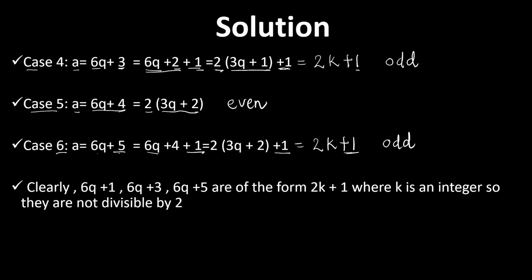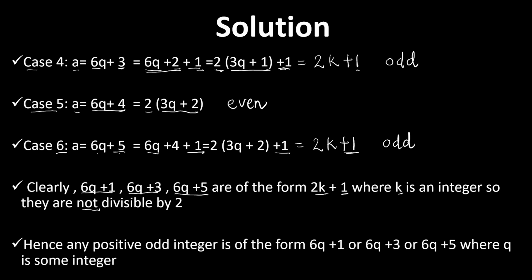So clearly we can see that 6q plus 1, 6q plus 3 and 6q plus 5 are of the form twice of k plus 1, where k is an integer. So they are actually not divisible by 2 and hence we can write down any positive odd integer is of the form 6q plus 1 or 6q plus 3 or 6q plus 5, where q is some integer.